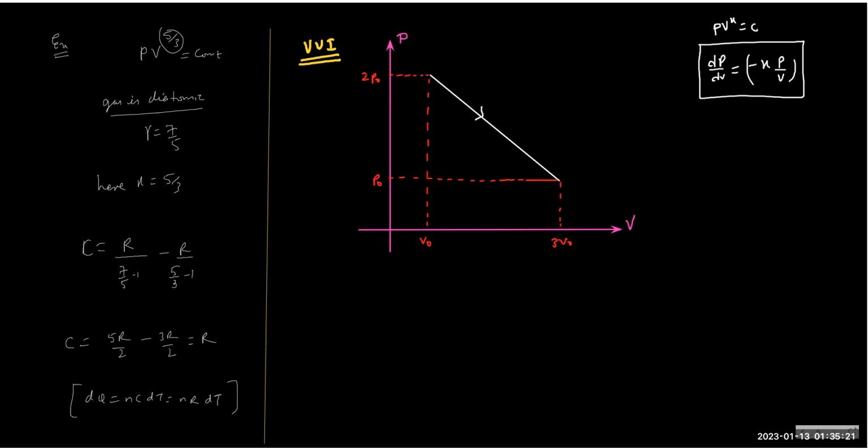Sir, I'm getting P equals P naught by 2V naught into V plus 3P naught by 2. Anybody else getting the same answer?